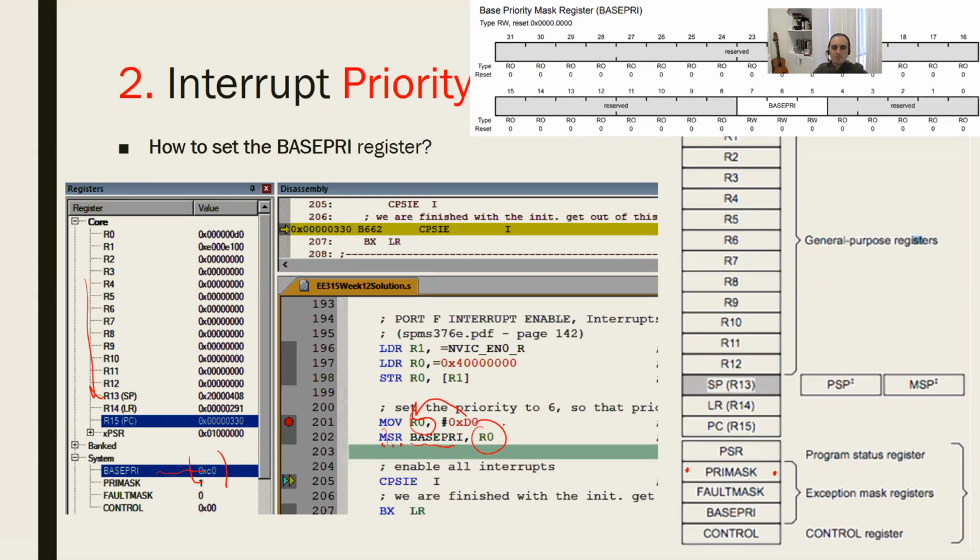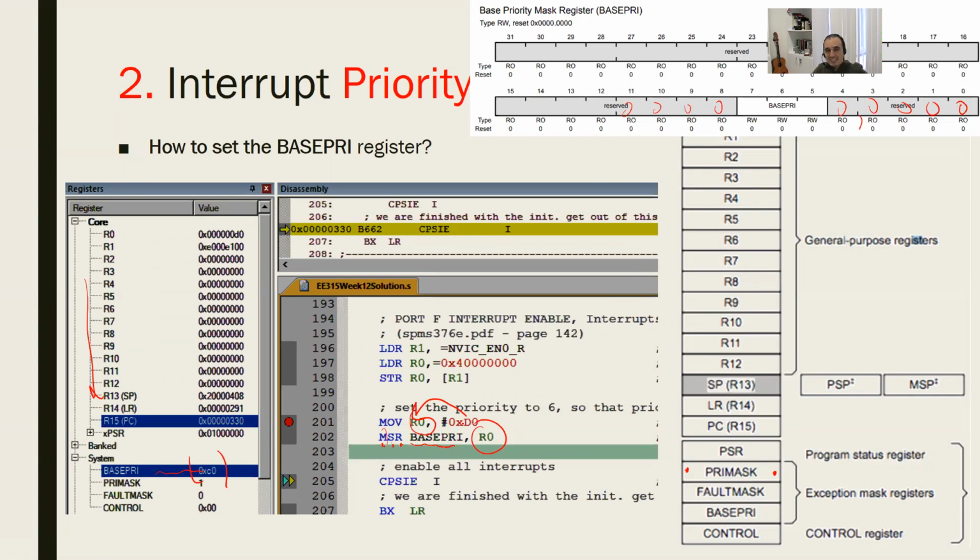So what is the priority level of the system if I loaded this value, 0xD? Guys, it's a bit complicated. If you go to the datasheet, this is the base pri. These bits are not used, reserved, and these are not used as well. If they are reserved, they are by default 0.